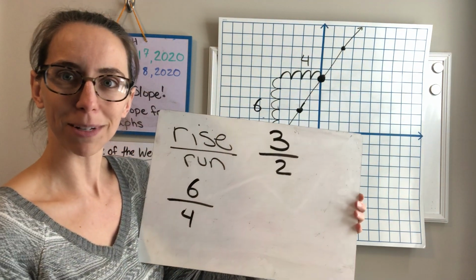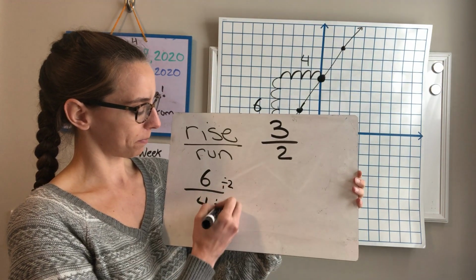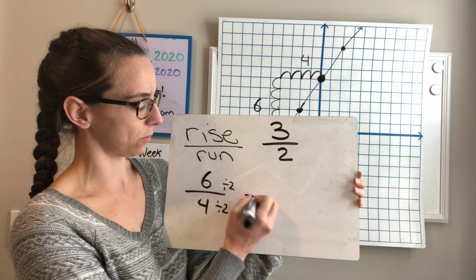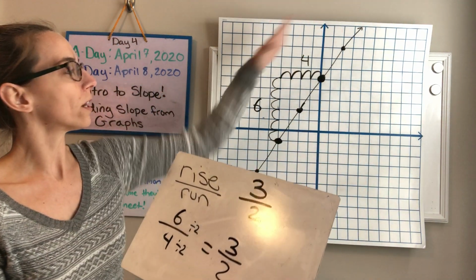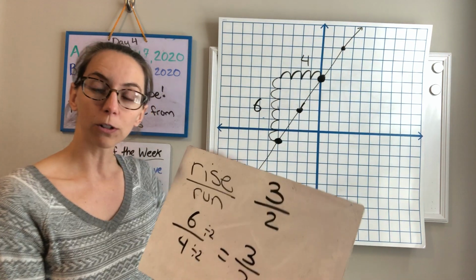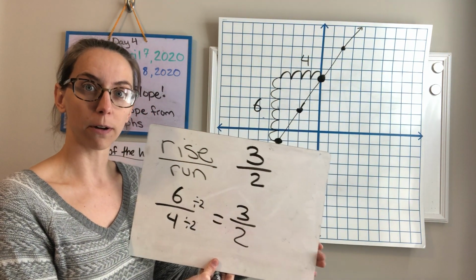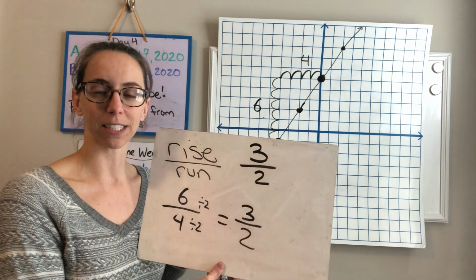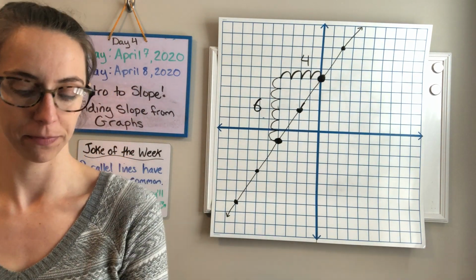But because we're mathematicians and we can simplify our fraction, I can divide both the top and the bottom, both the numerator and the denominator, by a common factor of 2 to get the slope of 3 over 2. So no matter where you check the vertical change against the horizontal change, it's always going to simplify to 3 over 2 for this line because a linear function has a consistent rate of change. We're going to take a look at one more graph.